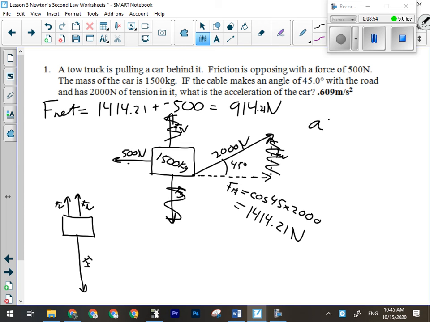Okay, then I calculate acceleration by using F net equals m times a. And it was 1,500 kilograms. Okay, so that should give us 0.609 meters per second squared.